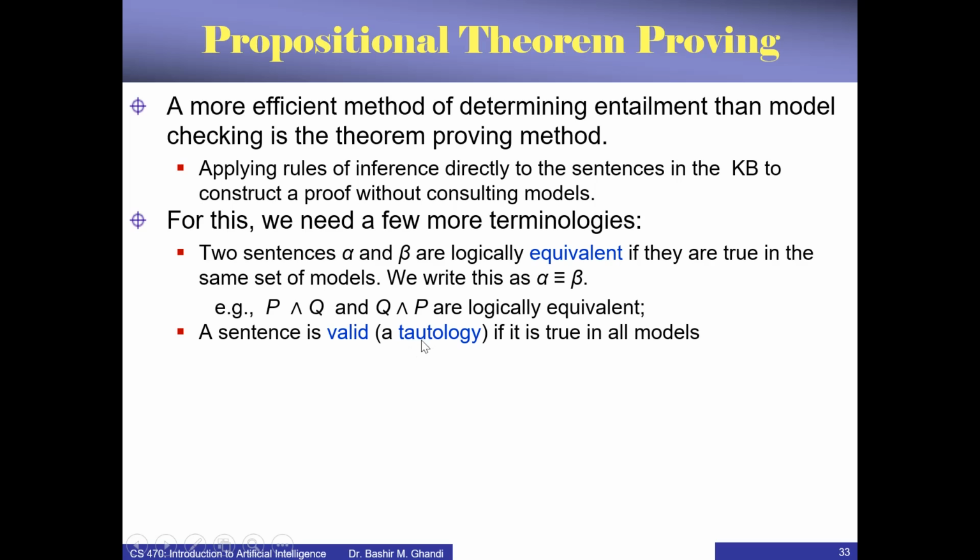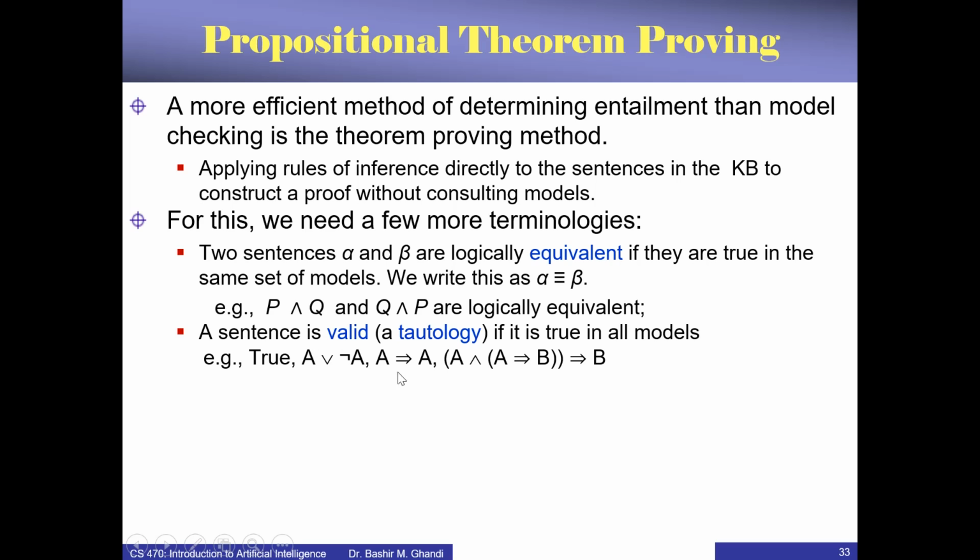So it becomes a tautology, or it is simply said to be valid. Example, A or not A is definitely always true, because any sentence is either true or false. So if you OR A and not A, definitely you're going to get true.